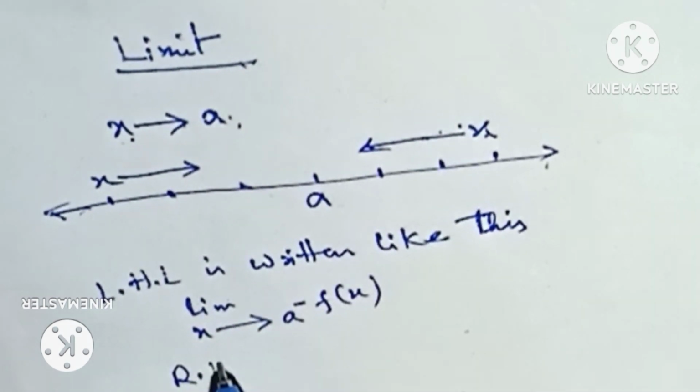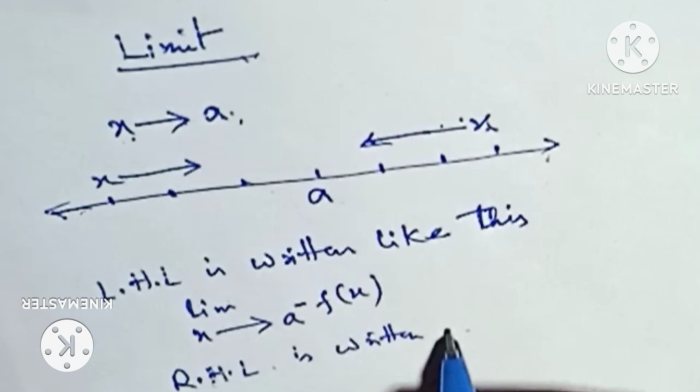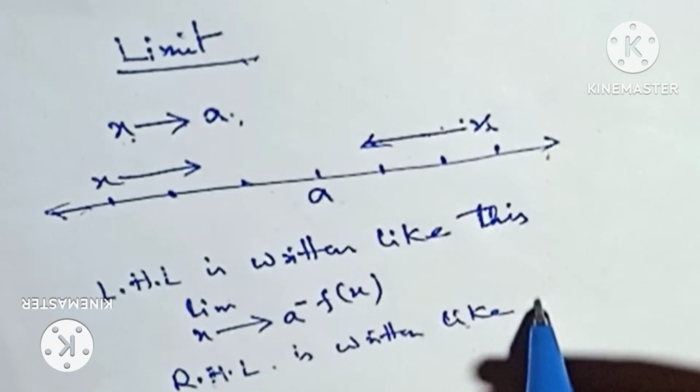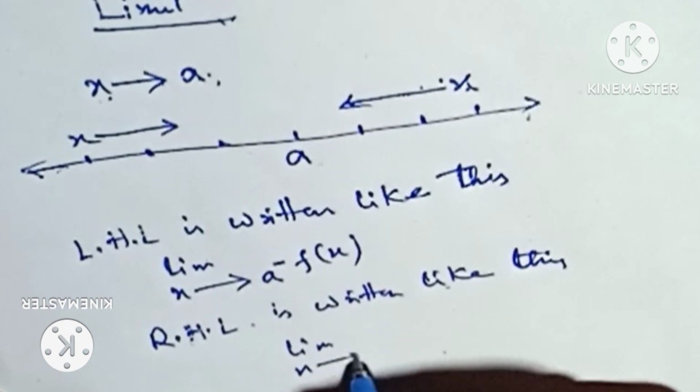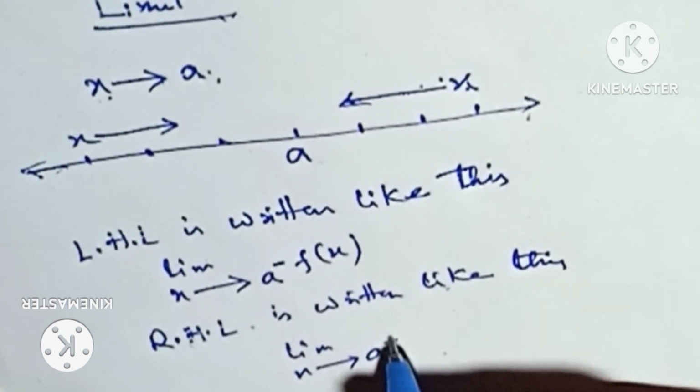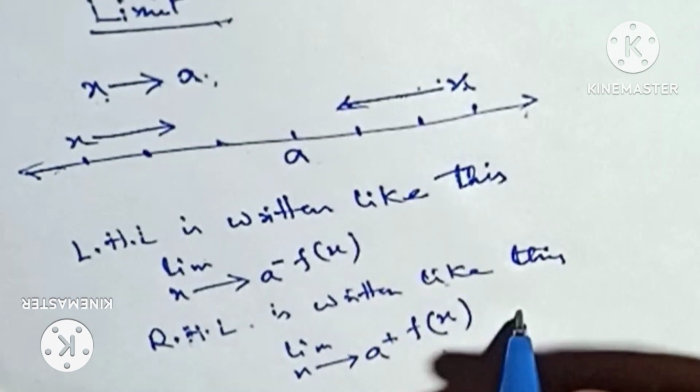The right hand limit is written like this: limit x tends to a, with a positive sign assigned here, f of x.